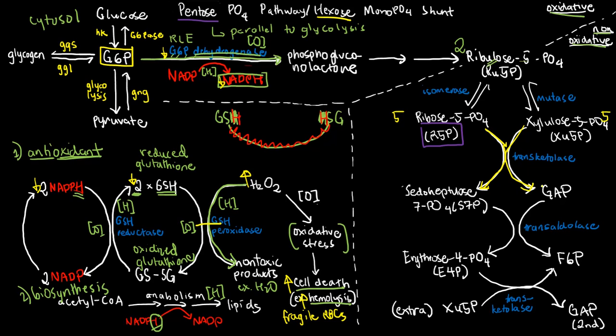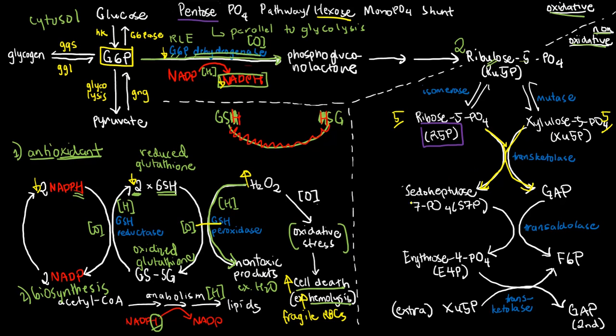Wherein, of course, we need to follow the law of conservation of matter. In this case, if we start with 10 carbons, then every time we mix and then split these, we should still have 10 carbons. So for example, after transketolase acts on these two sugars, your carbon count should still be 10.